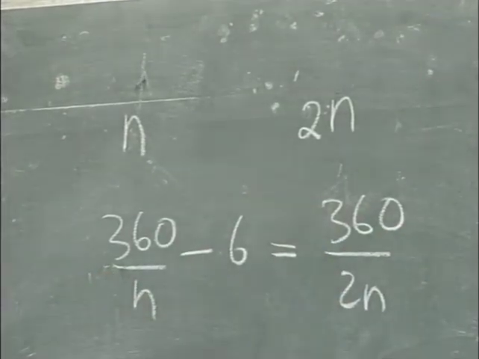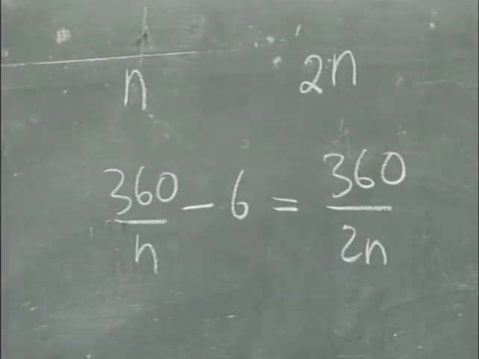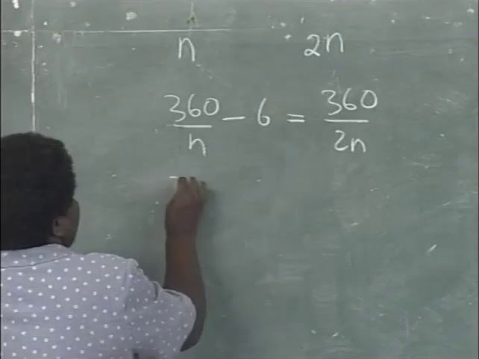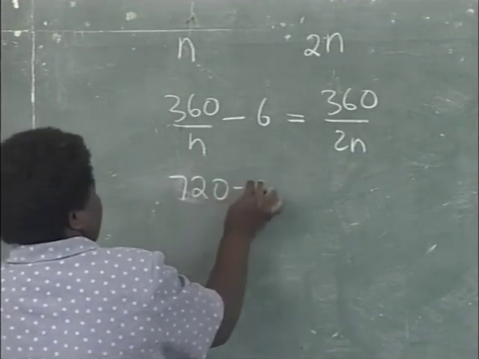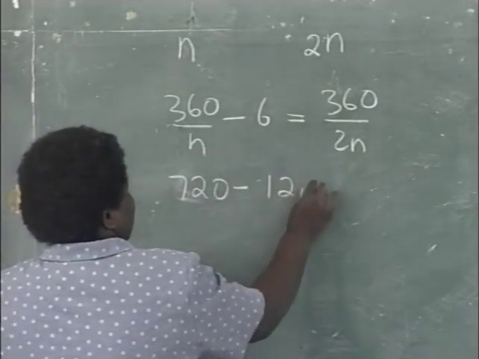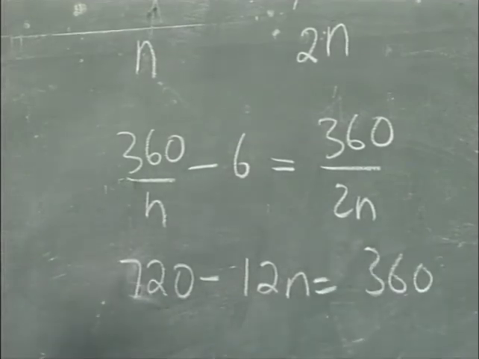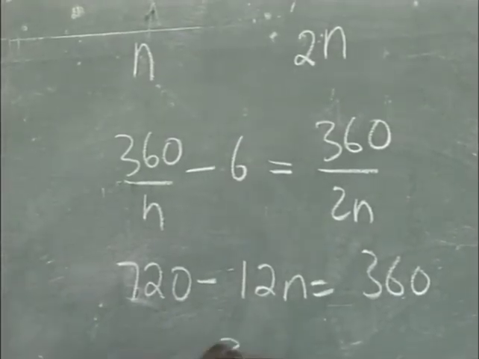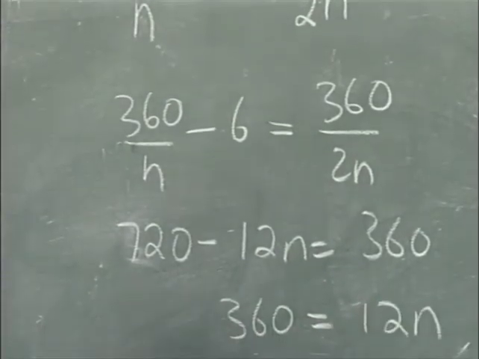So if I multiply by the lowest common multiple of n and 2n, which is 2n, I will get 360 times 2, which is 720, minus 2n times 6 is 12n, equals 360. If I subtract 360 on both sides, I get 360 on the left and 12n on the right.